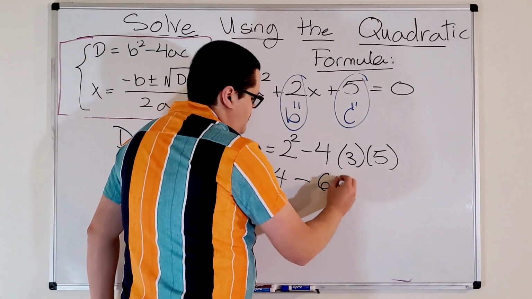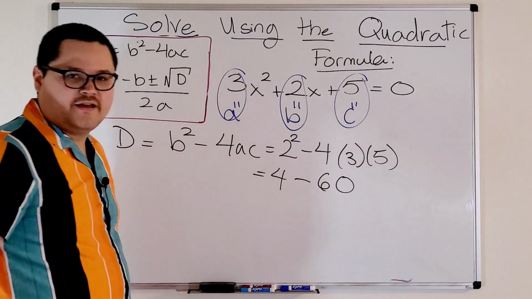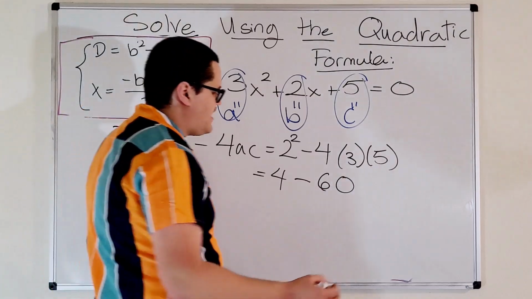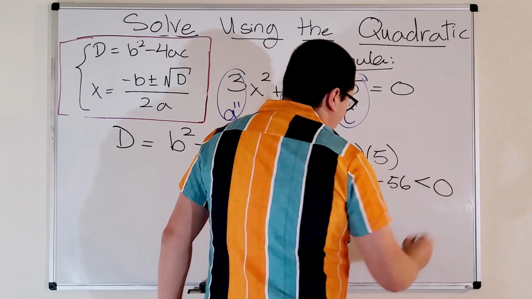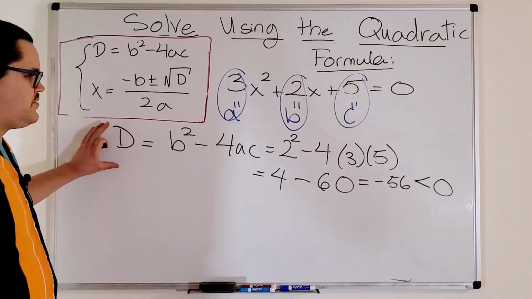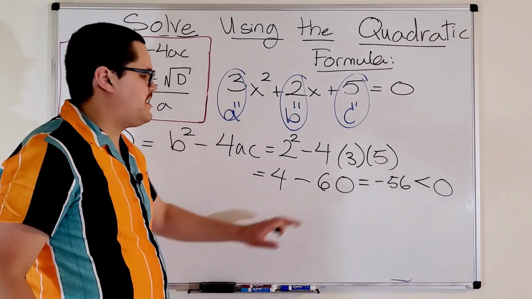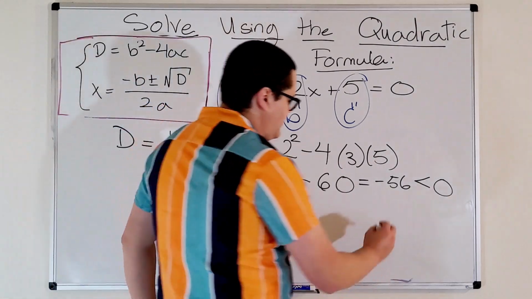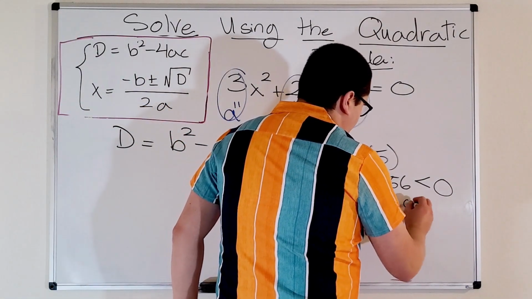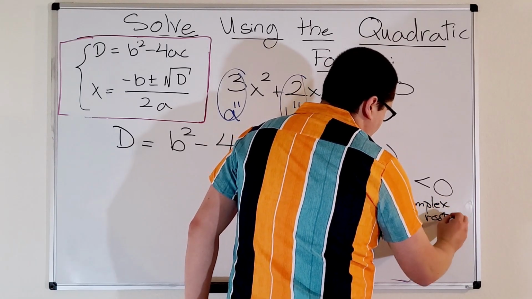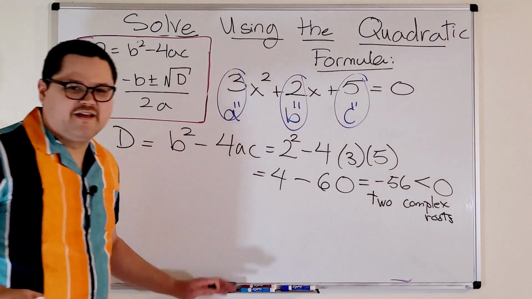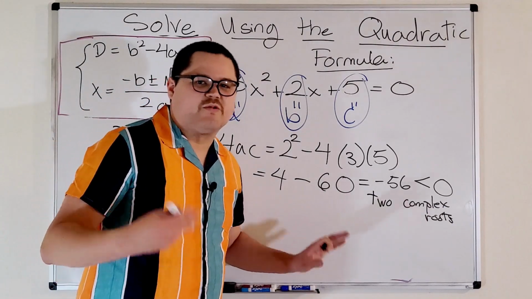So this is 4 minus 60. 4 minus 60 is negative 56, which is less than 0. So when D is less than 0, we expect two complex roots, meaning they can involve things with i.